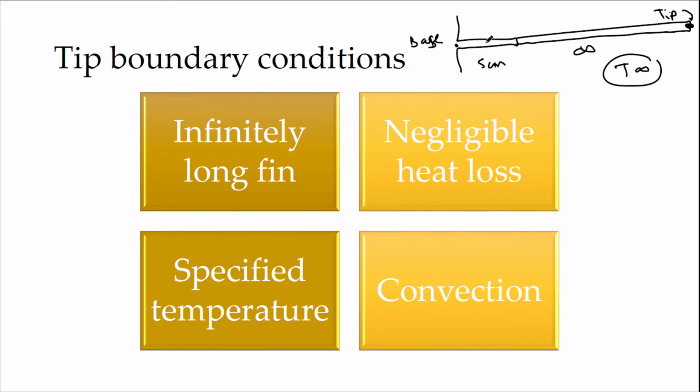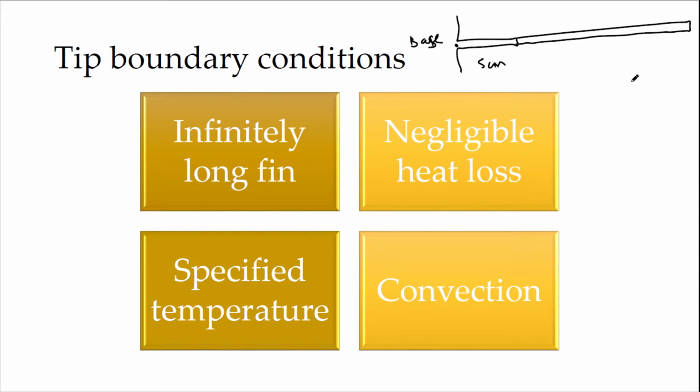If you make it short, say your base temperature is 80 degrees C and your ambient is 25 degrees C, you cannot have your tip temperature be the same as the ambient because your fin is short. If you make it very long, you can have your tip temperature equal to your ambient temperature. So that is for the infinitely long fin.